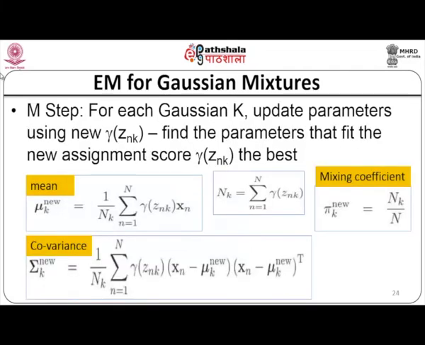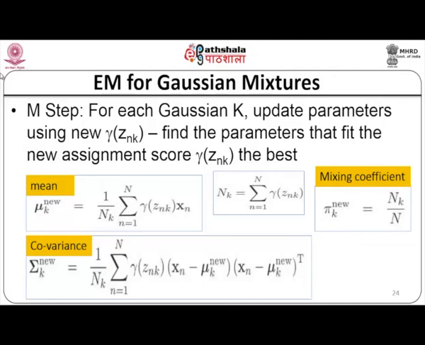In the M step, for each Gaussian k, you update the parameters with the new values. The mu value will change, the covariance value will change, and the mixing value will change. How does it change? You take the mean as the normal calculated mean, where nk is the total value of the score; the mixing coefficient is nk by n; and the covariance you compute from the old versus new values and the transpose of that.